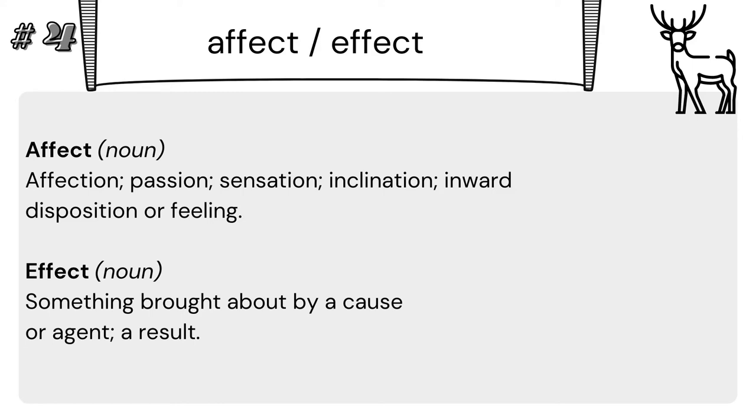An important thing to remember is that effect with an E is something that has resulted from a cause. Whereas an affect can be something that you feel. It's like a passion or a sensation, something inside. Whereas an effect, a lot of times it would be outside of yourself, in the world.